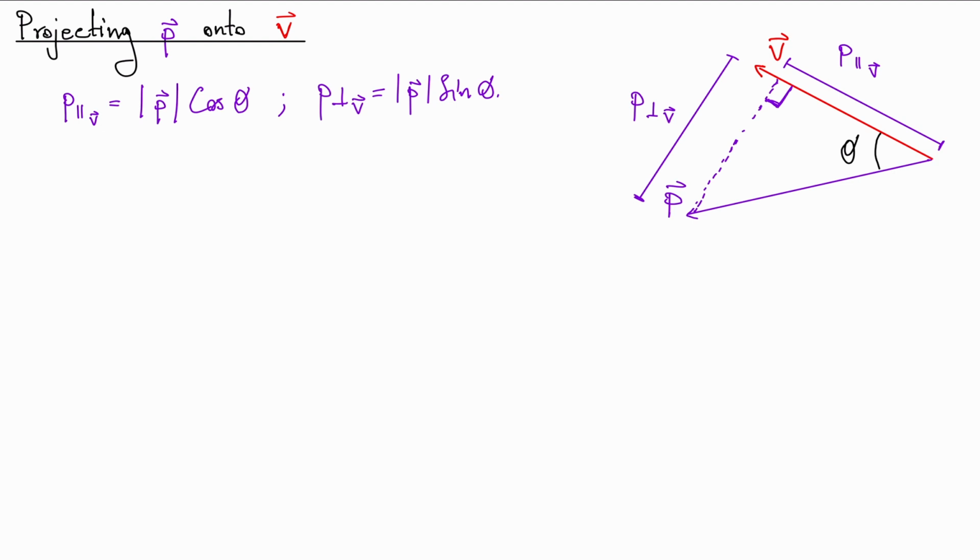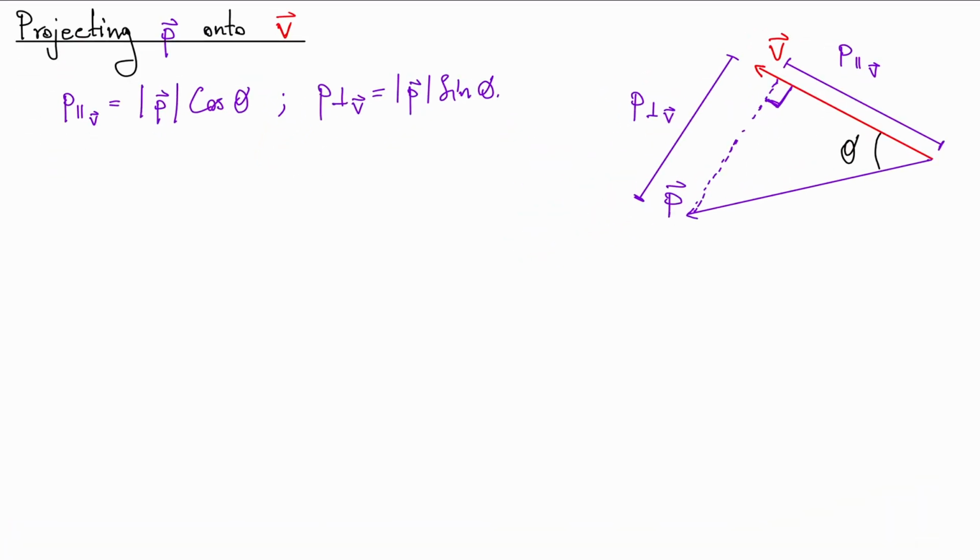Now, as I've mentioned before, if we know the angle explicitly between these two vectors, we could simply plug in the values here. Typically, though, we don't know this angle. Especially in higher dimensions, it's typically difficult to find the angle between two vectors. But we have learned two ways of multiplying vectors, which gives us a way to perform this calculation.